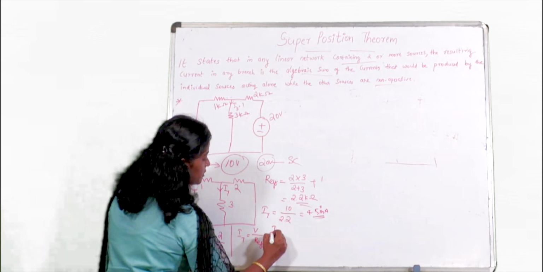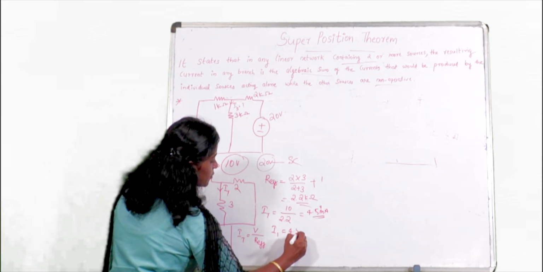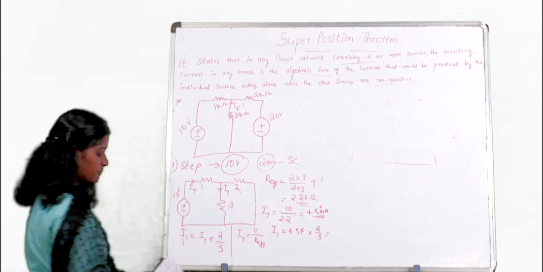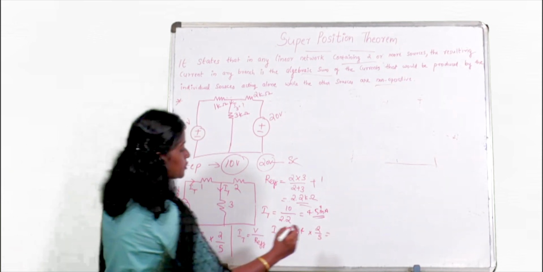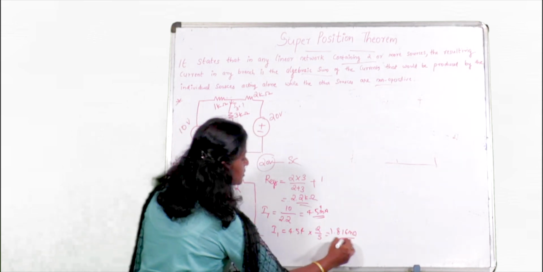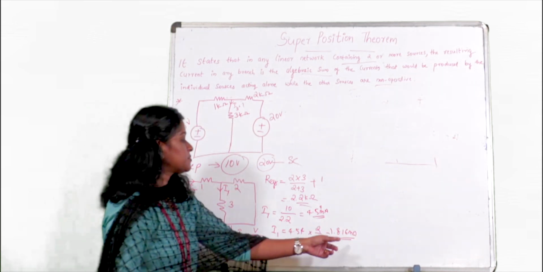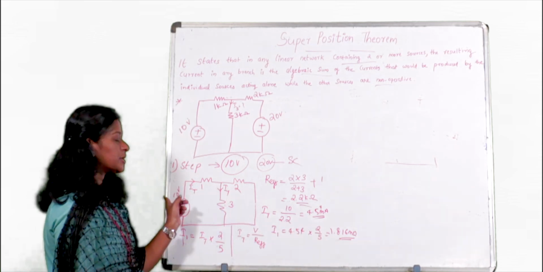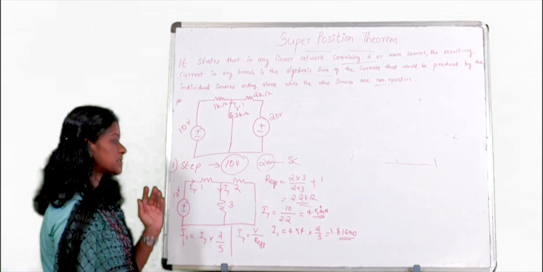So I1 will be equal to 4.54 into 2 divided by 5, so it will be equal to 1.816 milliampere. So 1.816 milliampere is the current flowing through 3 kilo ohm when your 10 voltage source is acting.